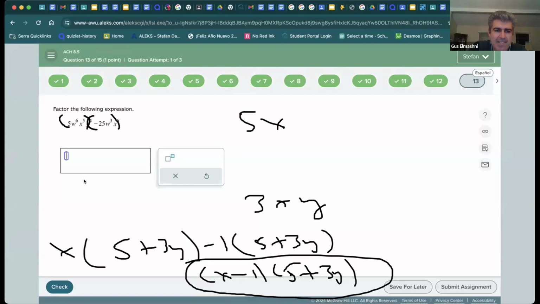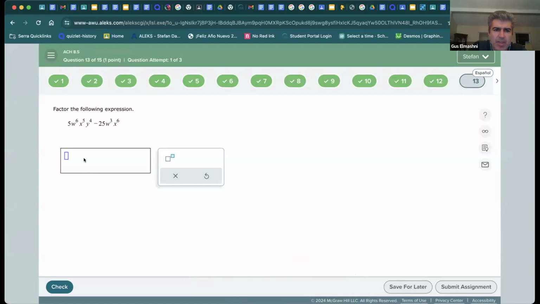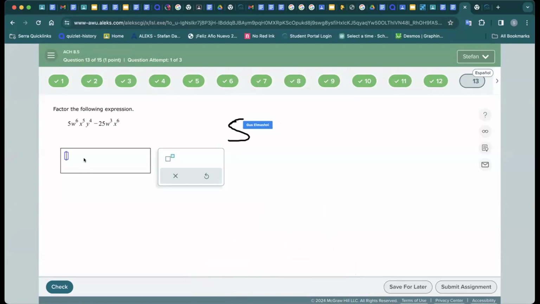Okay. So this one next. We talked about this already. We have 5W6.